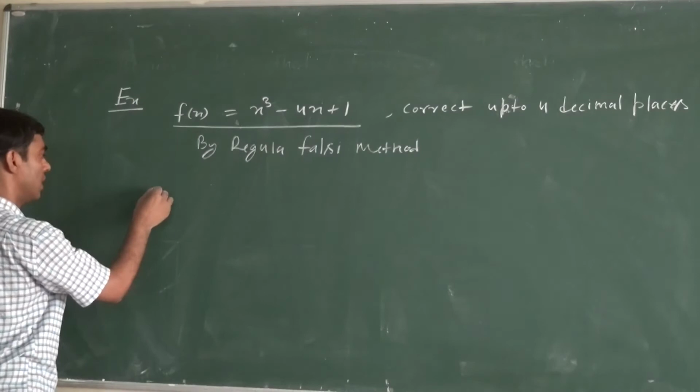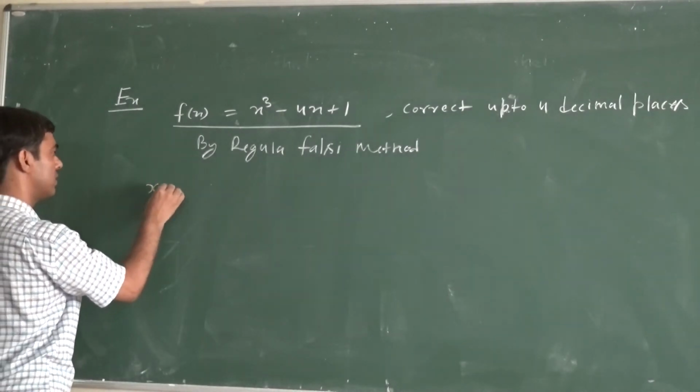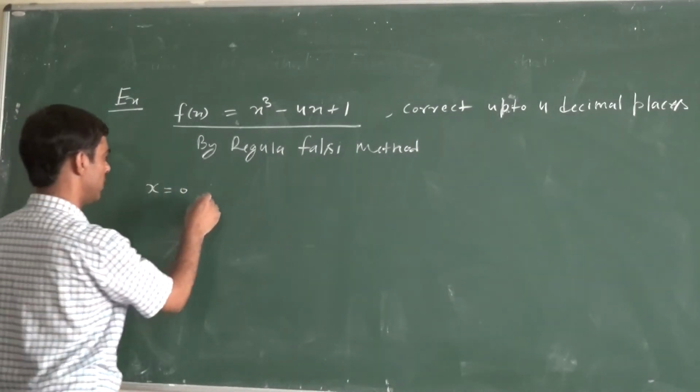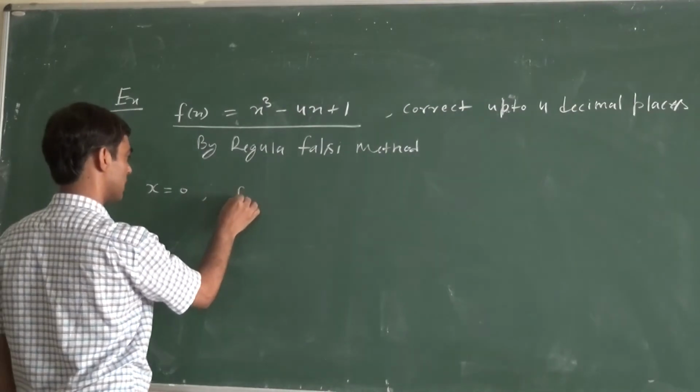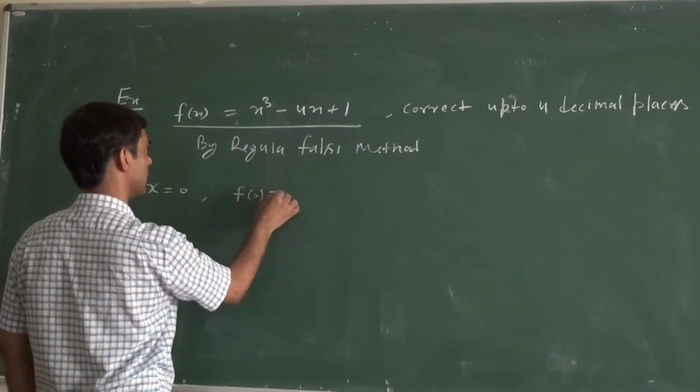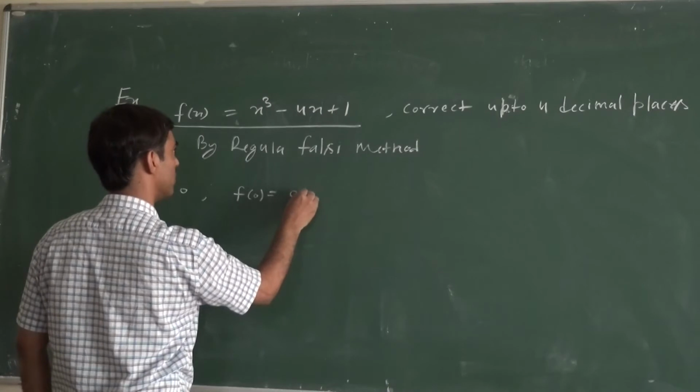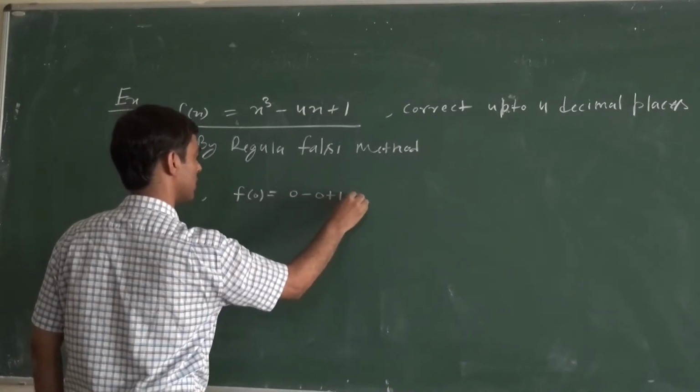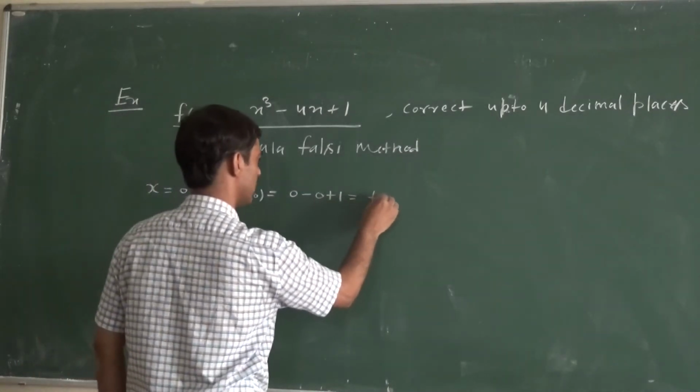So f of 0, suppose x equals 0: f of 0 equals 0 minus 0 plus 1, which is a positive value.